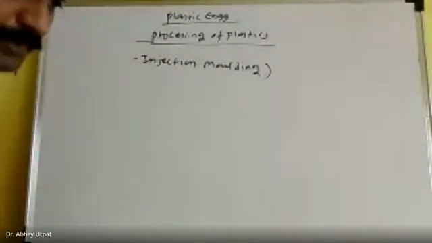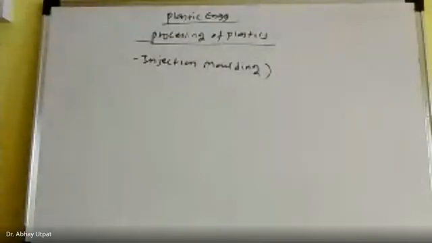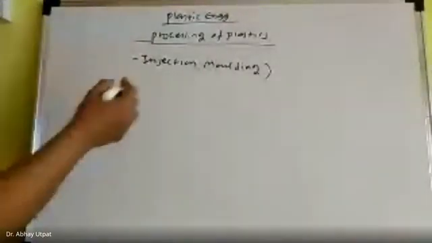So there are two types of injection mechanism. One is ram type and another is screw type. Here, what are the steps in injection molding? Already you have studied it, but this is a kind of revision for you. I will tell the steps.